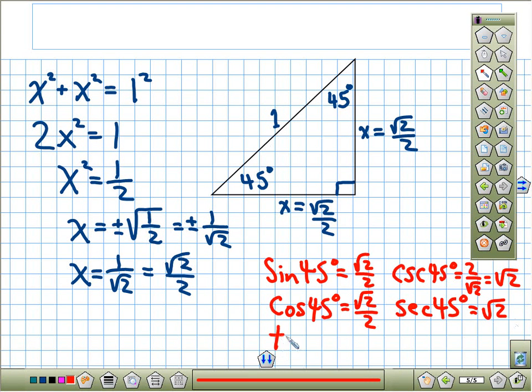Okay, what about tangent? 1 and cotangent. One, right? Any questions about this?